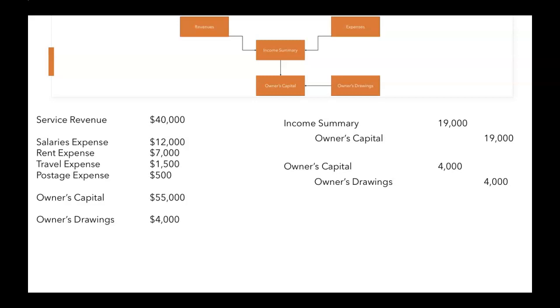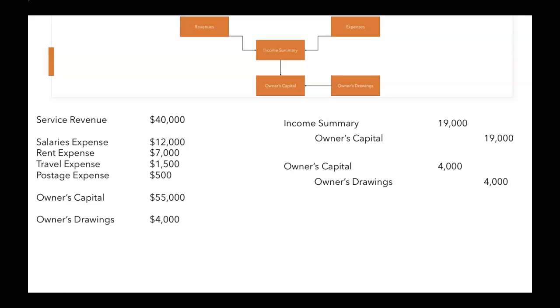So $19,000 is our net income. If we think back to the owner's equity statement, net income is added on that statement. Well, crediting owner's capital will increase your owner's capital balance. So we are adding that net income to our owner's capital in that entry.